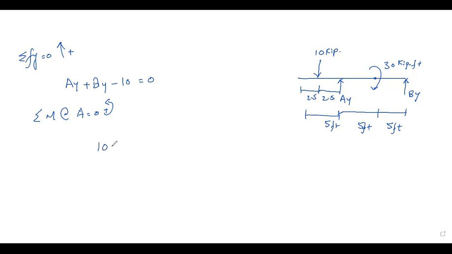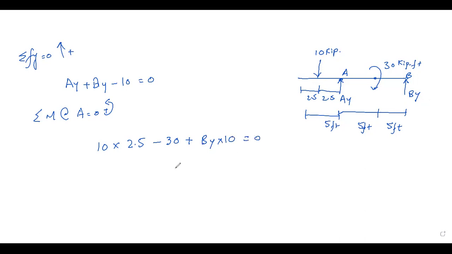So 10 times 2.5 is positive because it is creating anti-clockwise moment at support A. This is A, this is B, and minus 30, because this is a given clockwise moment, plus BY times 10.